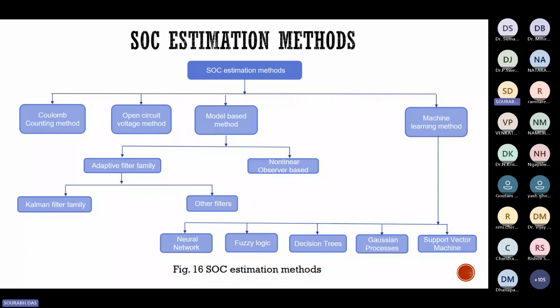But the main disadvantage is that this requires extensive training data and significant computational power, which makes them more suited for applications where this data is available and processing power is not a constraint.